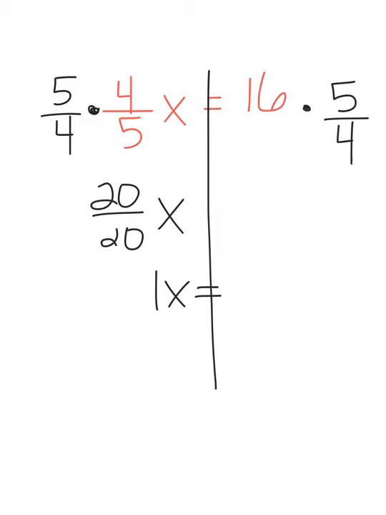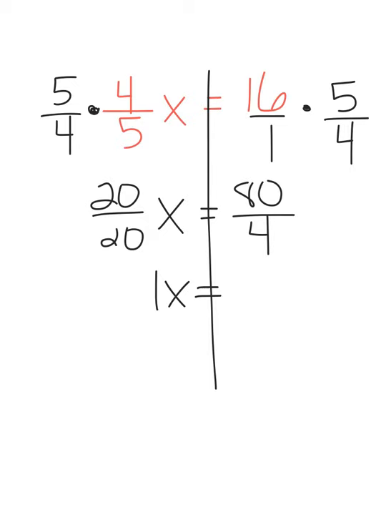How do I turn 16 into a fraction? Well, you can place any whole number over 1. And so we multiply straight across here, and 16 times 5 is 80. And 1 times 4 is 4. And if we ask ourselves, how many times does 4 go into 80?